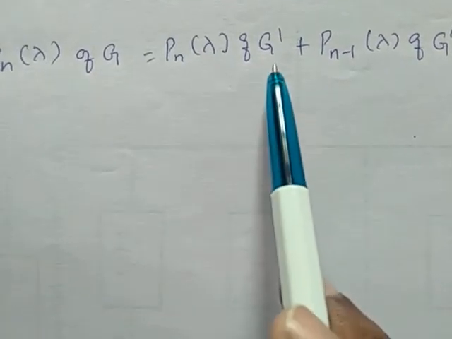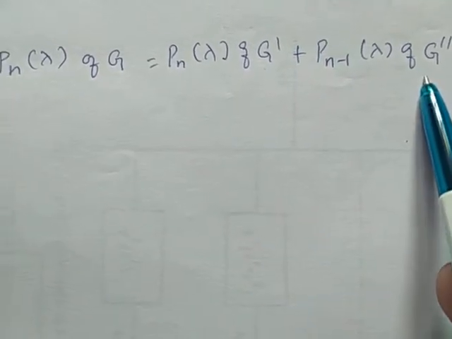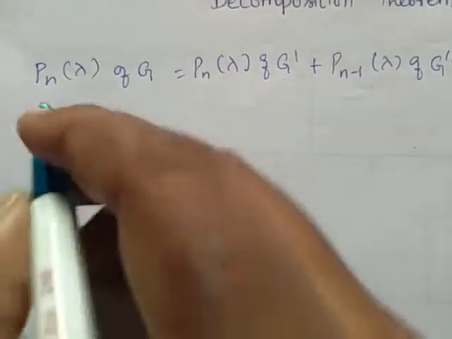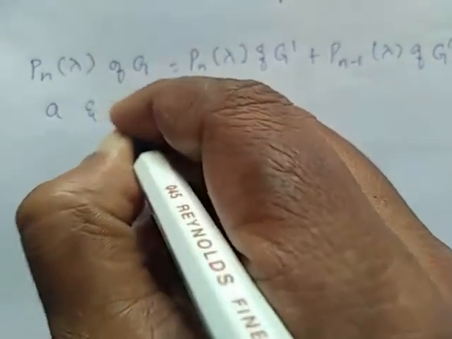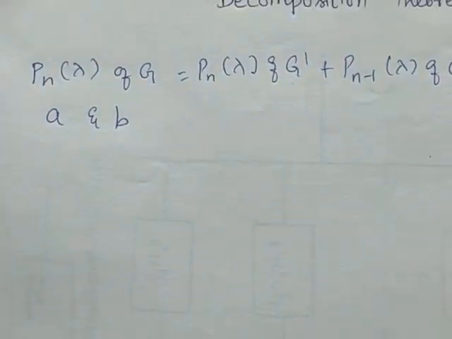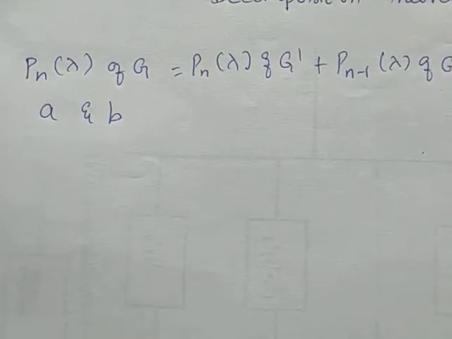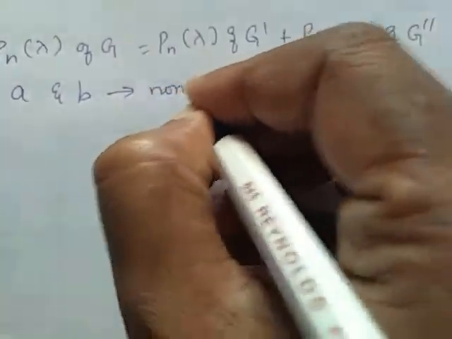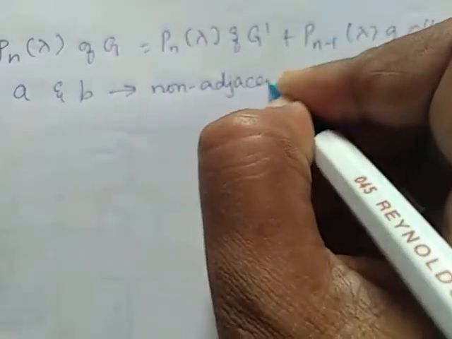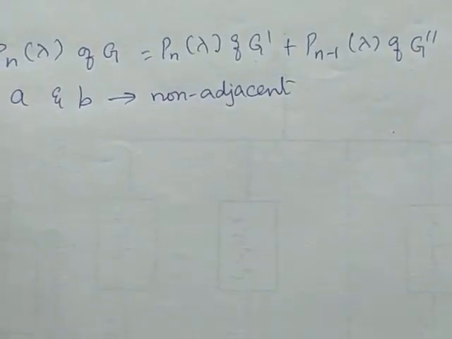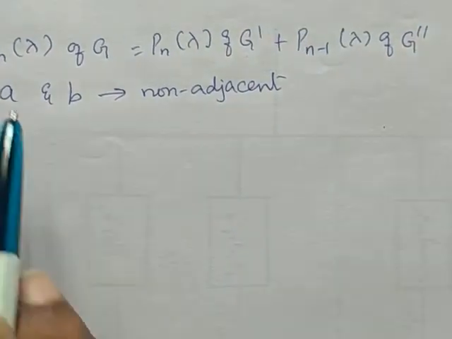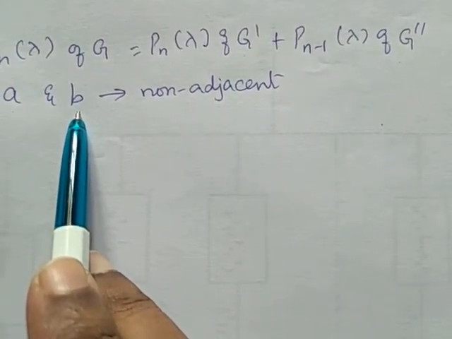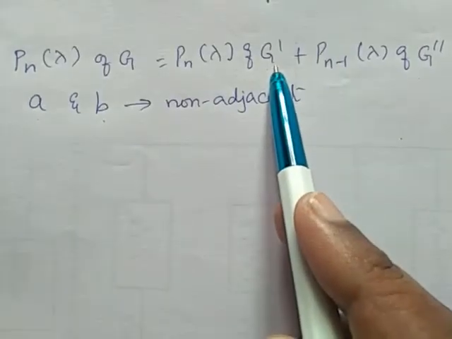Now we are going to see what G dash and G double dash are. In a graph G, we are having two vertices A and B. We are considering two vertices A and B, and these vertices A and B are non-adjacent vertices. Now we are going to add an edge between A and B. Then the resultant graph is known as G dash.